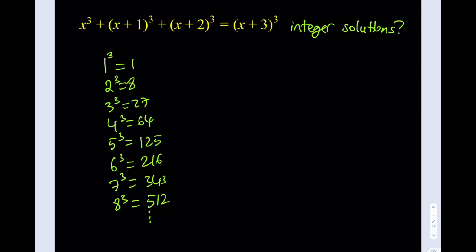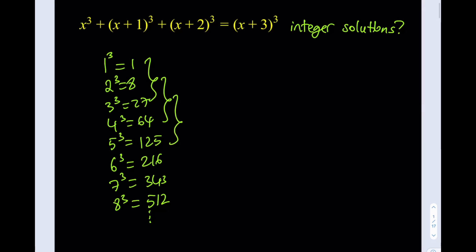If you check out these values, you're going to notice that if I add the first 3, they're not going to give me 64. If I add the second triple, that sum is not going to give me 125.